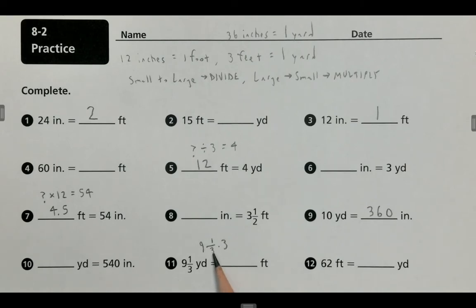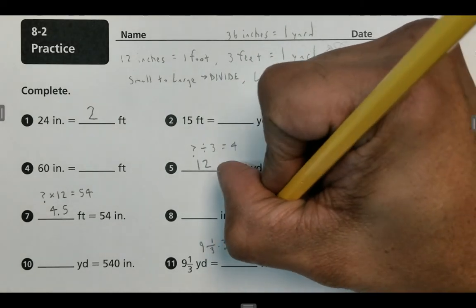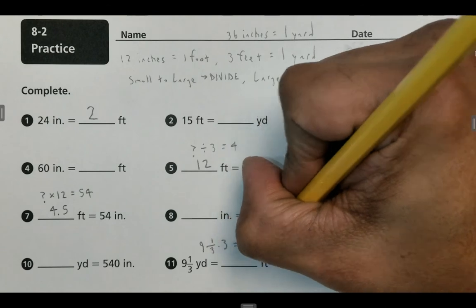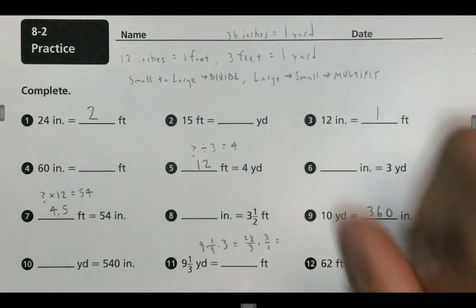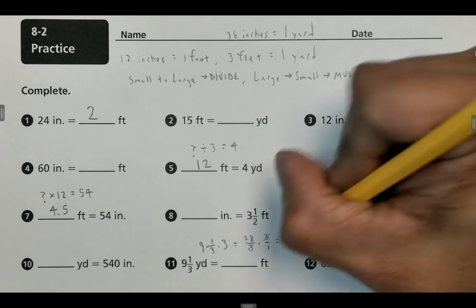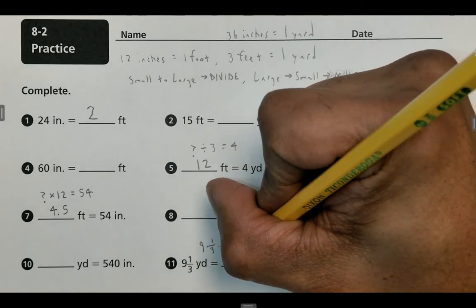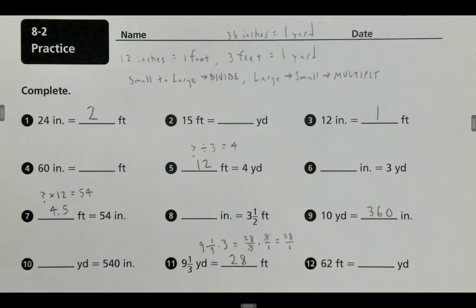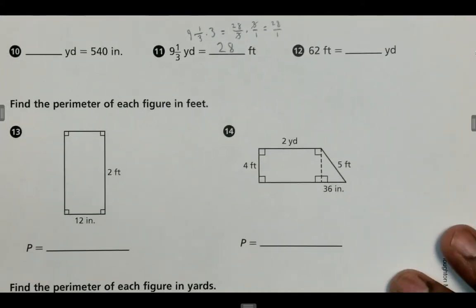A couple ways I can do this, but I'm going to first rewrite this mixed number as an improper fraction. 3 times 9 is 27. 27 plus 1 is 28. Rewrite the whole number 3 as 3 over 1. And do you see an opportunity to use cross-canceling? 3's cancel, don't they? Then I get 28 over 1, which gets simplified down to plain old 28. Okay, let's continue down below.